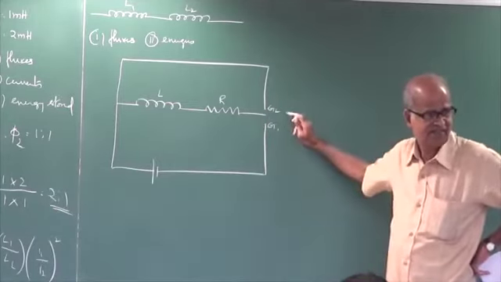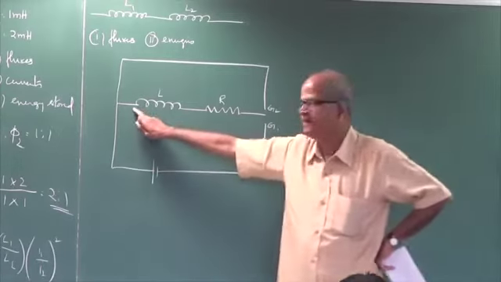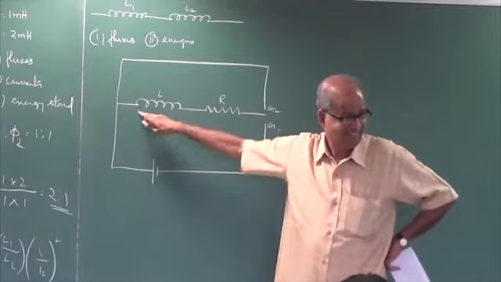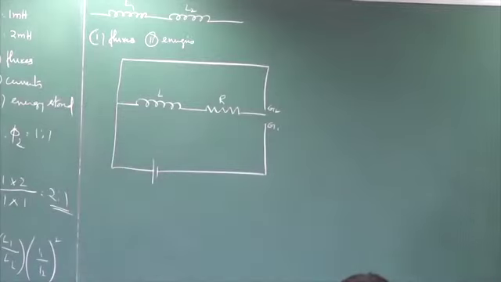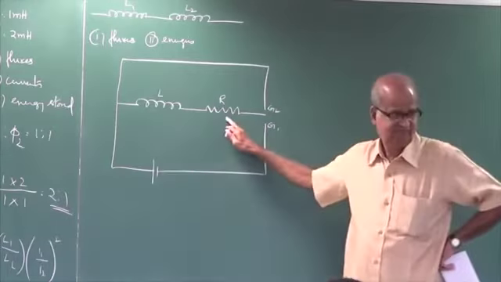At the instant when you close this, current starts to rise. But what is the behavior of the coil? It opposes that sudden change in the current. So a voltage appears across it. Clear? That drives a current.